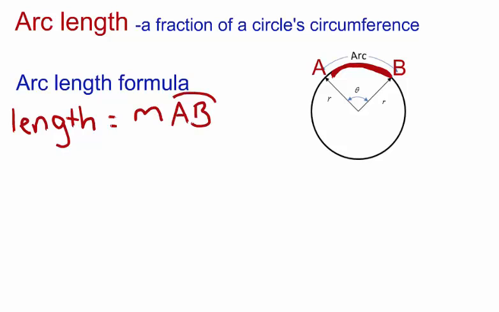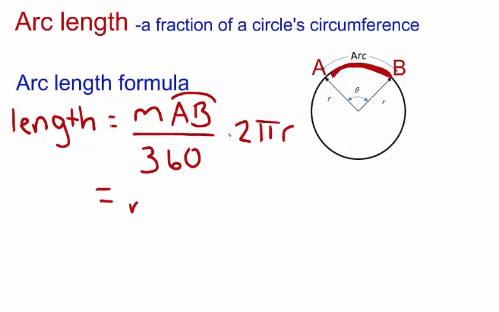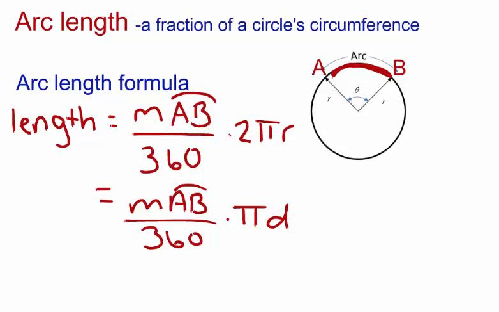So there are different ways you can look to find the arc length or think about the arc length. The length is equal to the measure of arc AB, so you use the central angle, that measure divided by 360, because that's a fraction or a portion of your circle's measure, and we're multiplying that by 2 pi r, which is the circumference formula.